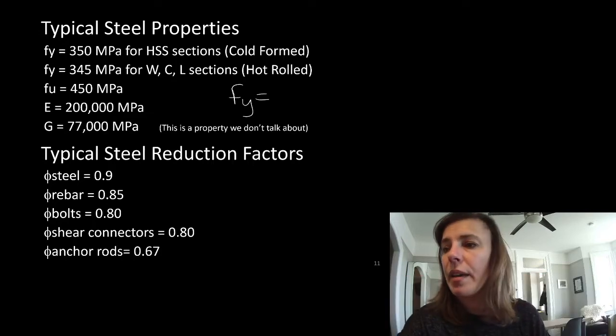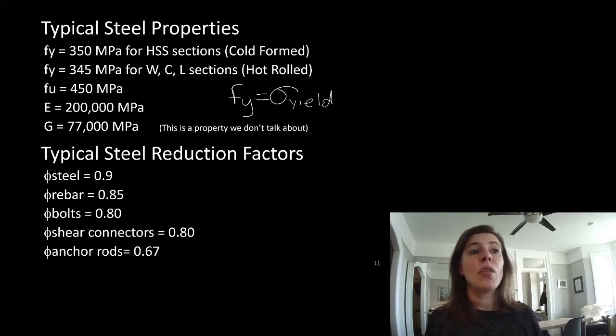So Fy is just another way of writing the stress when it yields, or the maximum stress we want this thing to see. And for us, steel, that maximum stress we want it to see, is 350 MPa.